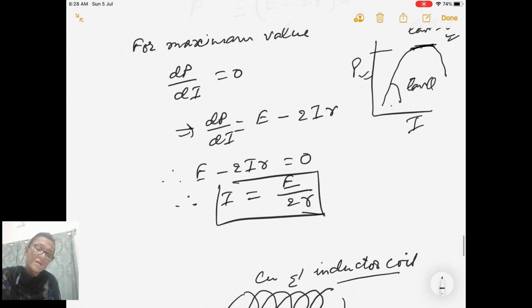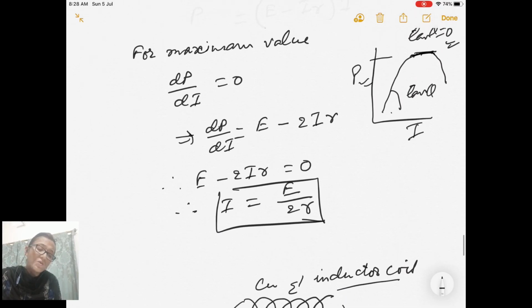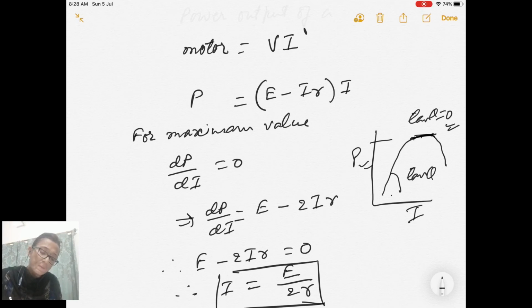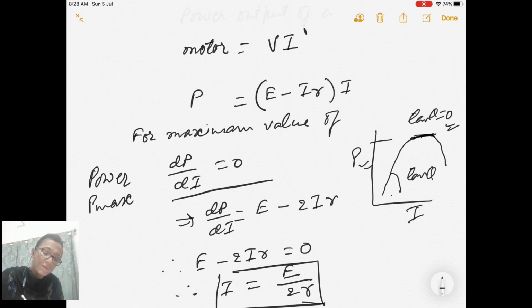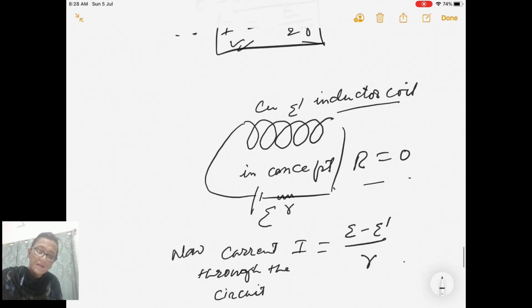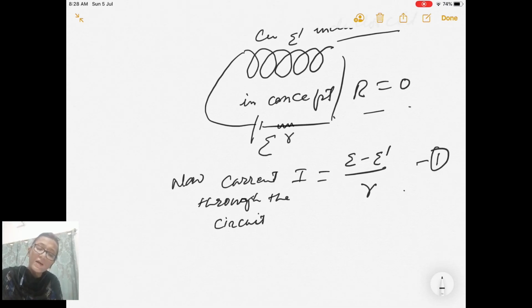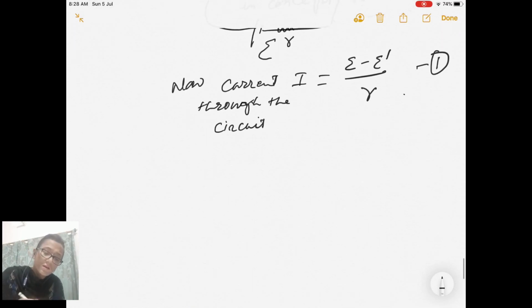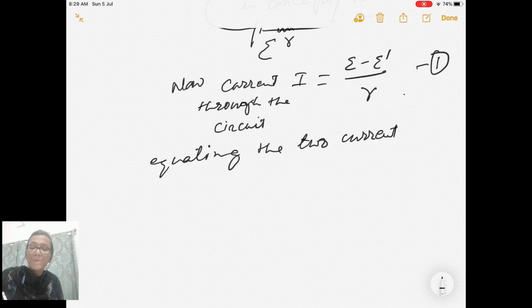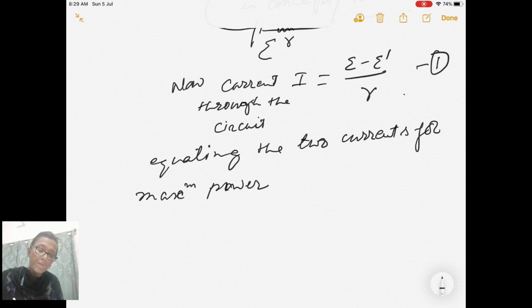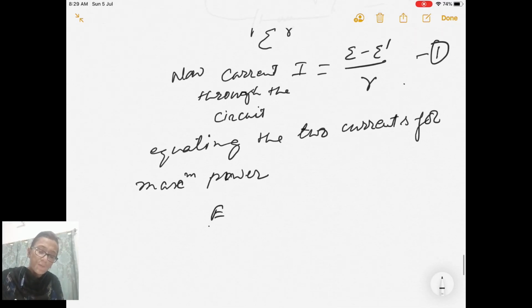So this is I. So for maximum value of power, P max, if you equate the two currents for maximum power, E upon 2r is equal to E minus E dash upon r.